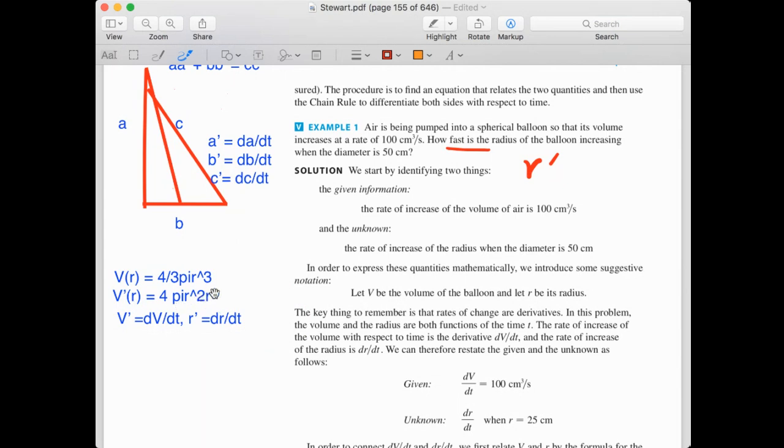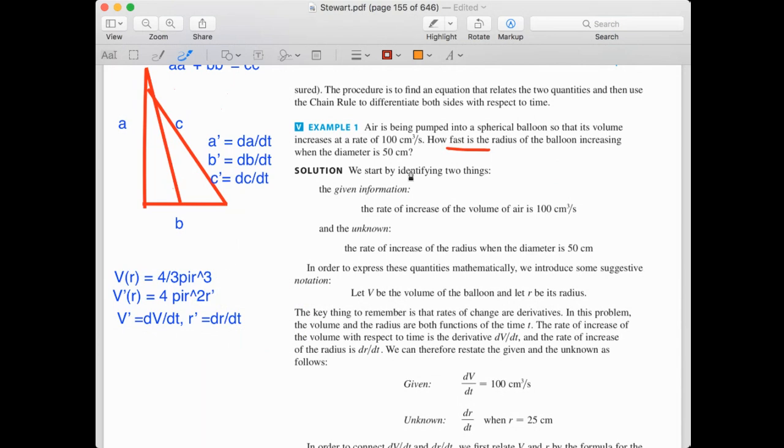But now we want to find the rate of related rates. Related rates: how does one thing change in terms of another thing changing? So we attach r prime here, and this r prime is dr dt. Okay, so basically we just manipulate this.